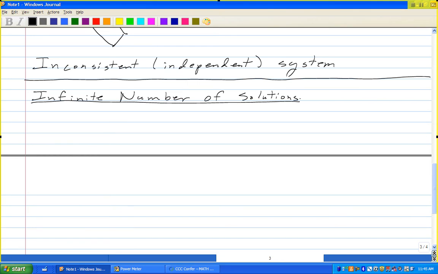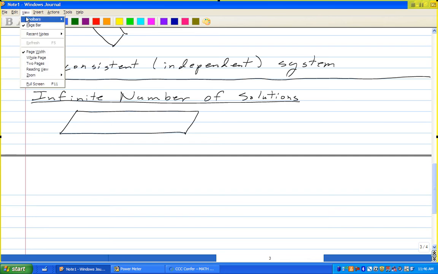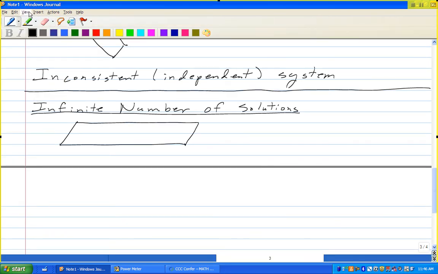One case could be where I have one plane, then I have a second plane, which is coincident, and I have a third plane that's coincident. So they intersect along every place in this plane. And so they intersect everywhere along that plane.